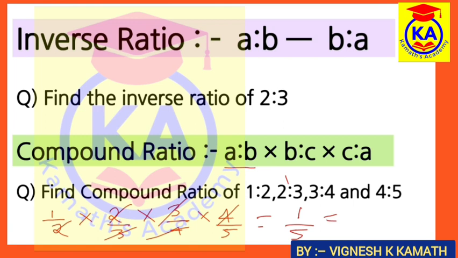You have to express it in ratio form, so 1:5 is the answer. Please note this in your diary. A:B, or you can write in fraction A/B into B/C into C/A, or else in this format also, A:B into B:C into C:A. I hope you are clear with the compound ratio.